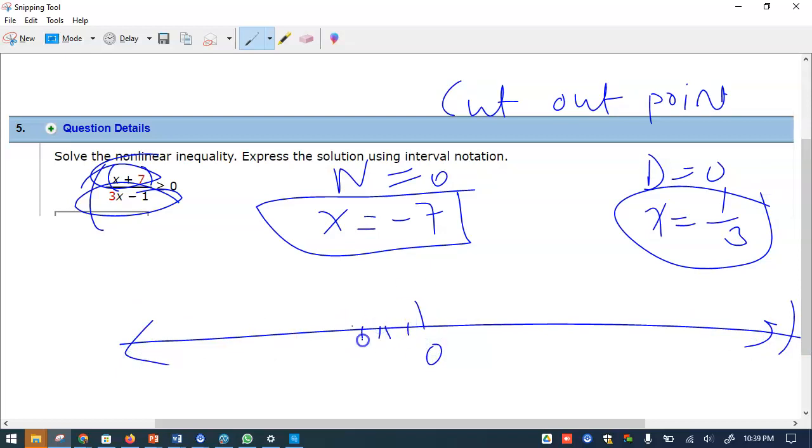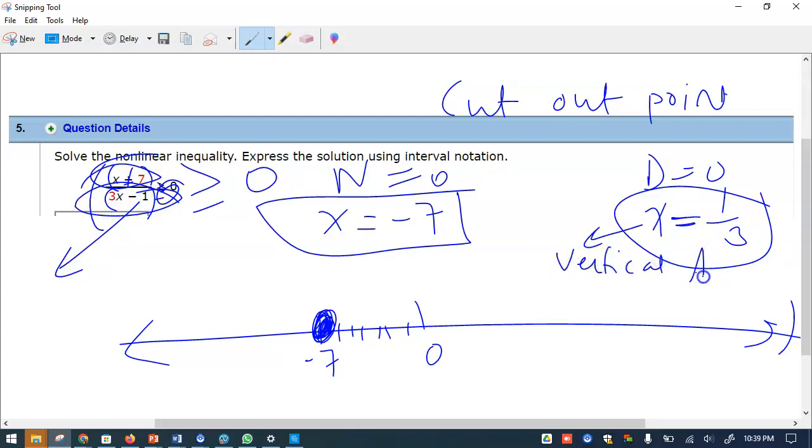Now remember, in the numerator there's a greater than or equal to, so that means it is included. But remember that 3x minus 1 equals 0 at 1/3, and this is the denominator. You can't have the denominator equal to 0, so this is like a vertical asymptote.